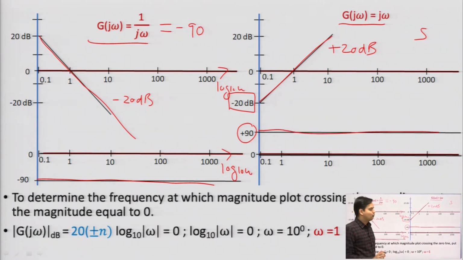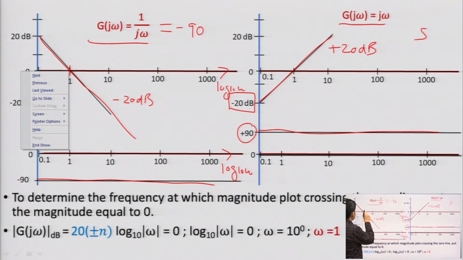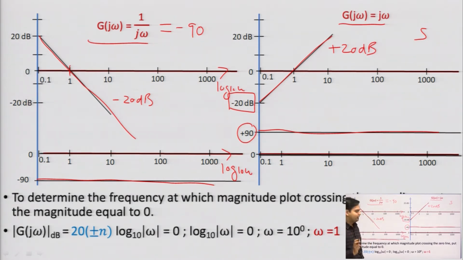Okay. So, I would like to know what the value of omega would be whenever the magnitude plot crosses the 0 line. In that case, I will put my magnitude equal to 0 at this point to determine the value of omega. So, here my magnitude, G(j omega) in dB, equals 20 plus or minus n log 10 omega.